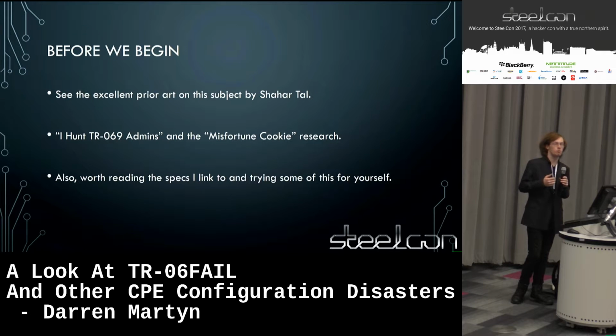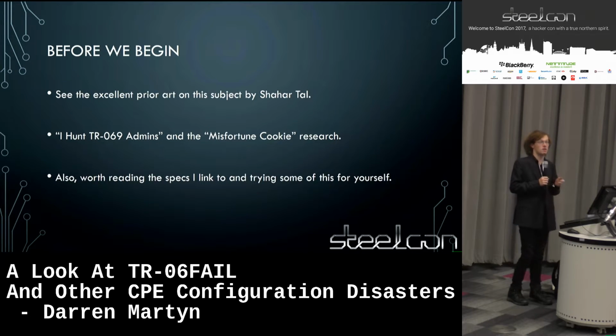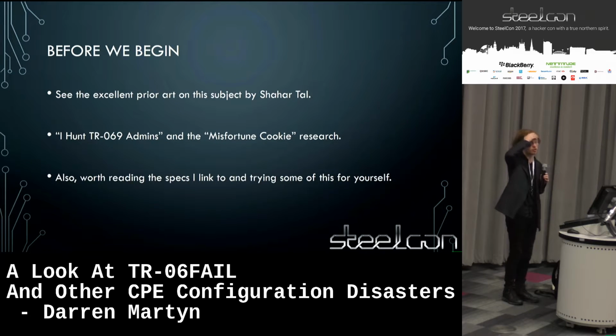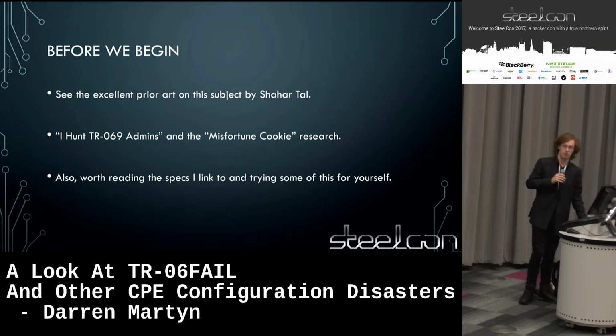It rekindled my interest in the field of TR research. It's worth looking at Shahar's stuff. It's also really worth looking at the specifications and protocols, because when you look at them, you'll cringe and go, "Oh my god, who designed this?" And it's also worth having a play at home.